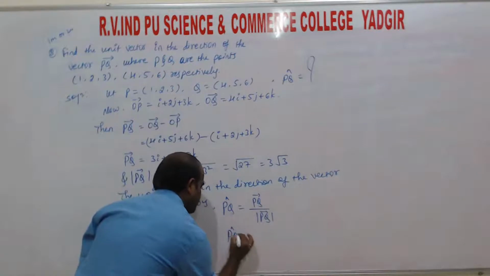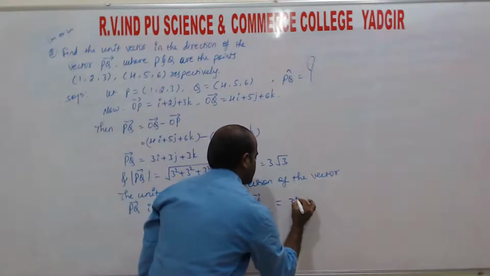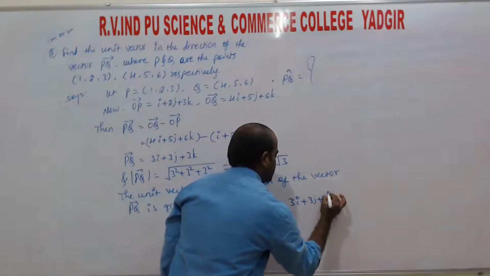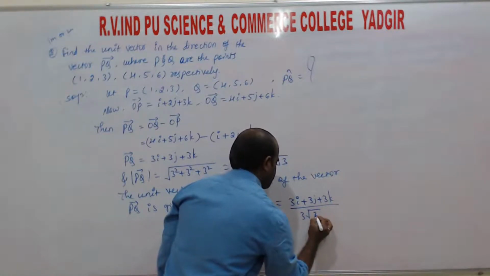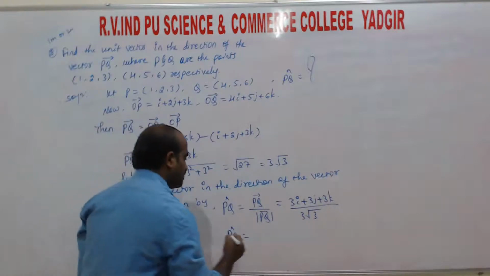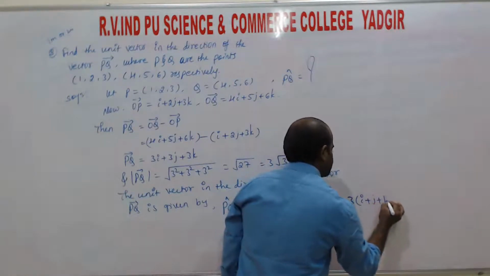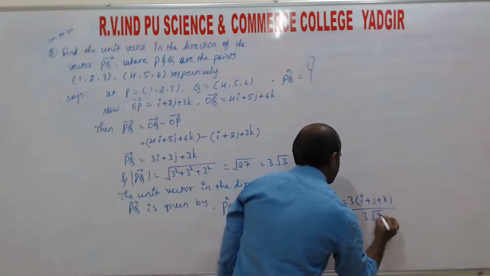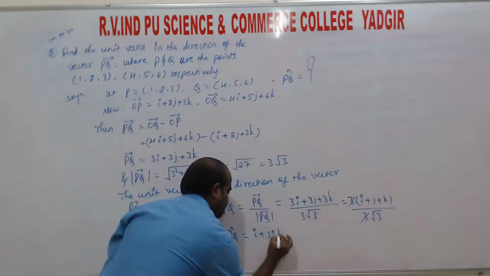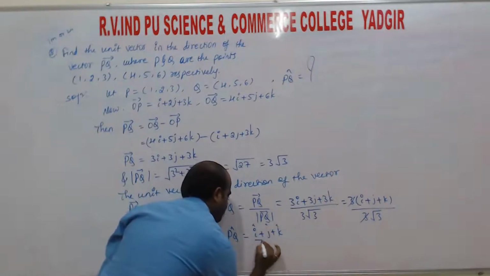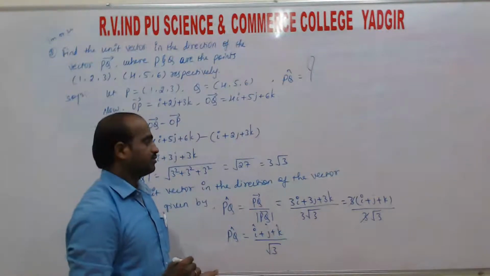PQ vector is 3i plus 3j plus 3k, whole divided by 3 root 3. Taking 3 common, it is i plus j plus k divided by 3 root 3. The 3 gets cancelled. The answer is i plus j plus k, whole divided by root 3. This is the unit vector of PQ vector.